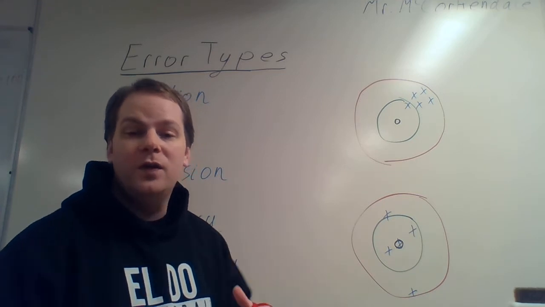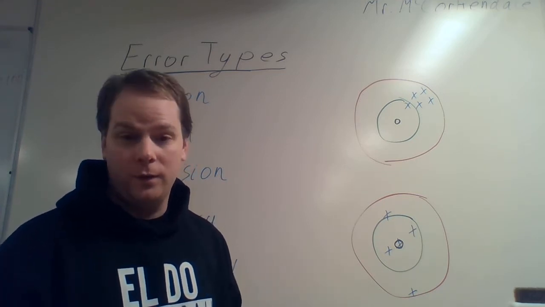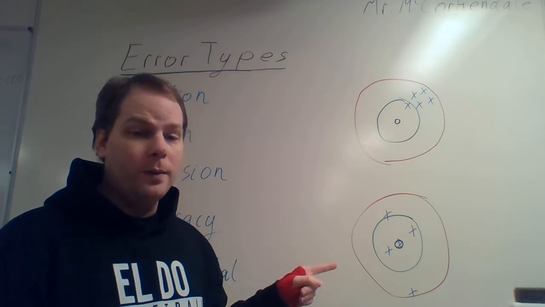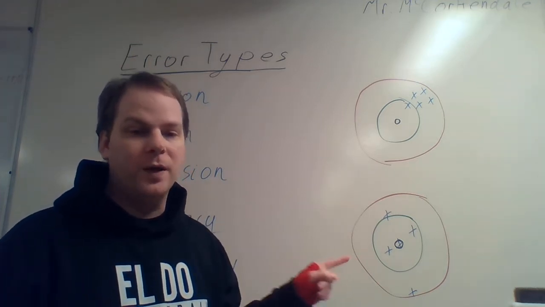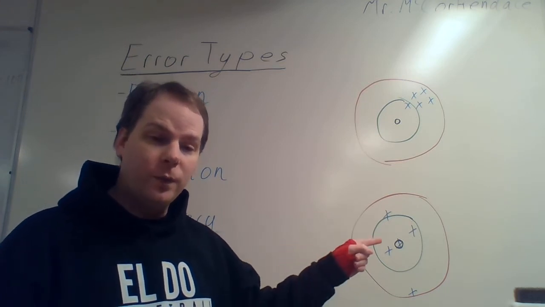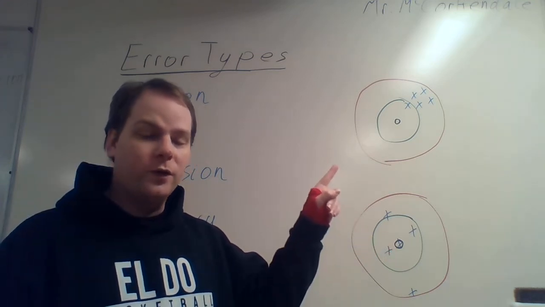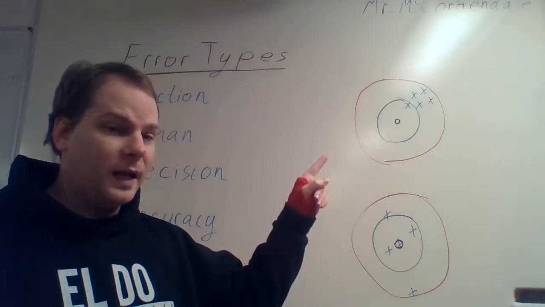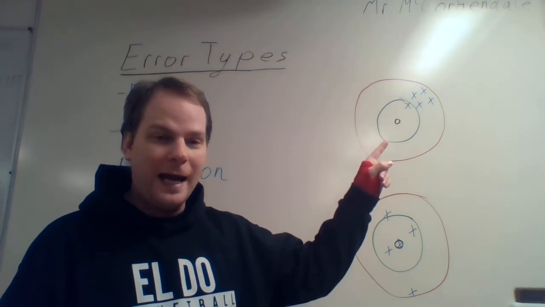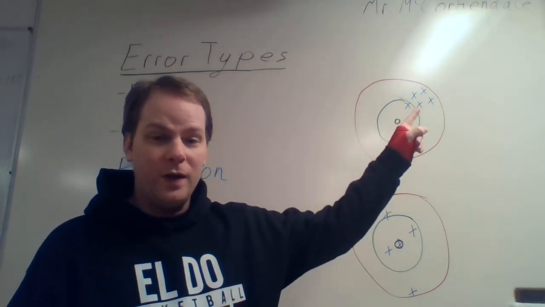Precision is consistency. Accuracy is correctness. So this one would be accurate but imprecise because they're spread out all over the target. But the average tends to be pretty close to the correct answer or the correct target. While this one up here is precise but not accurate, because accurate would put it here in the center of the target, but it is a tight cluster.